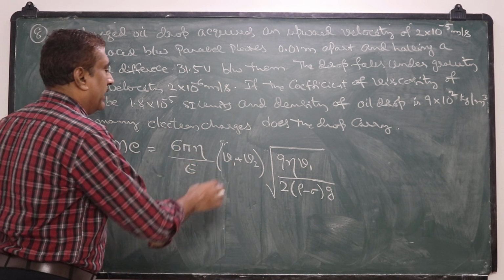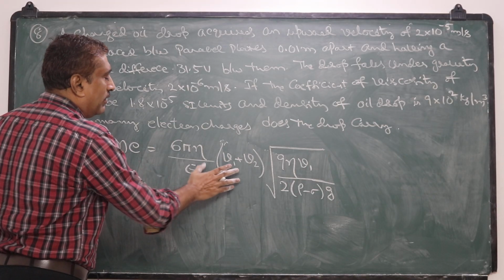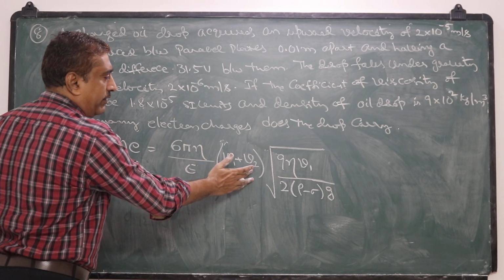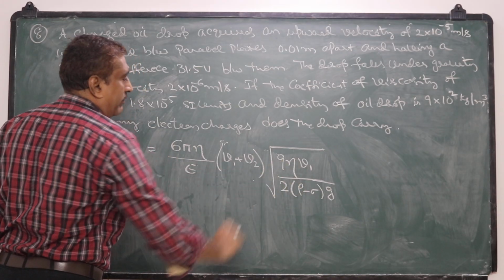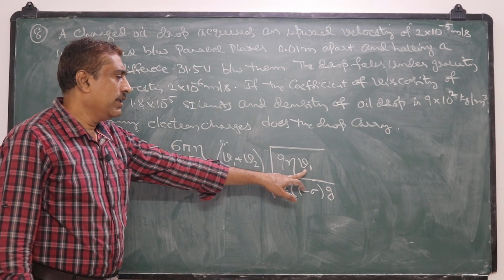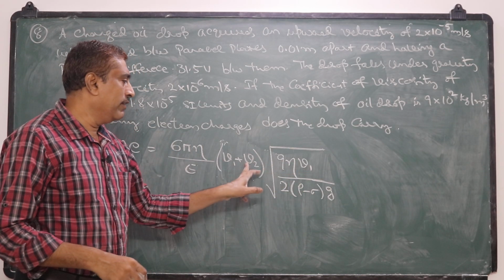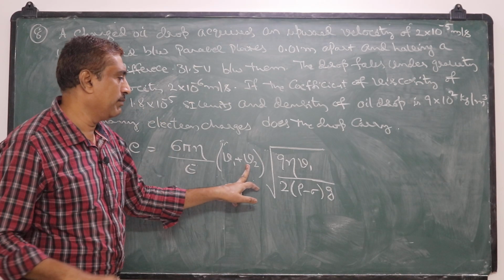V1 and V2 are the velocities without and with electric field. V1 is the velocity when it is falling under gravity, and V2 is the velocity when the electric field is applied.